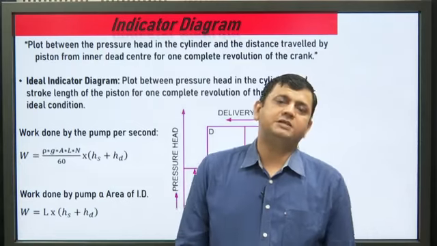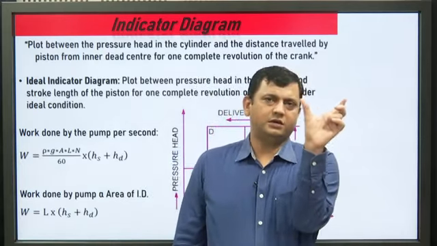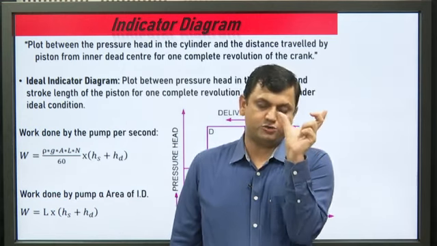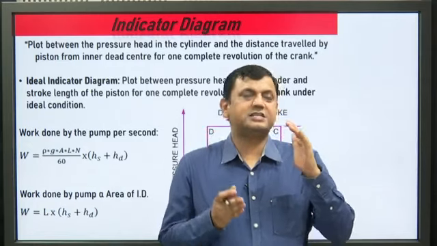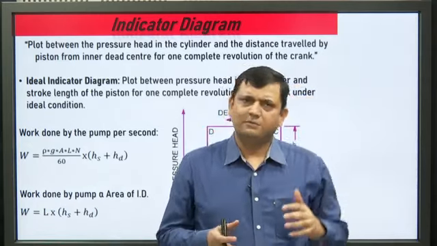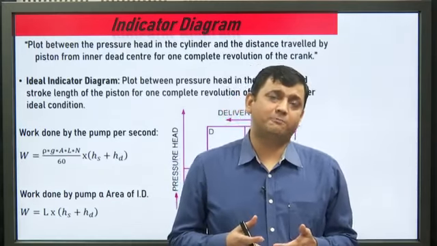So this graph is the plot between stroke length versus pressure head, where one complete revolution means one stroke.